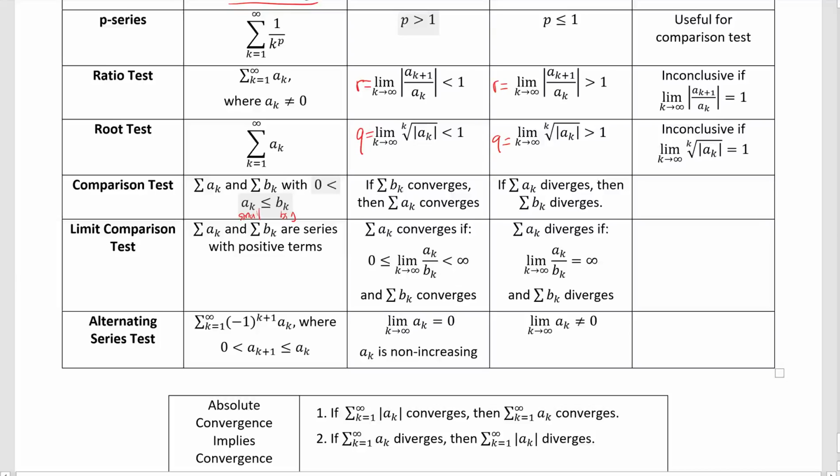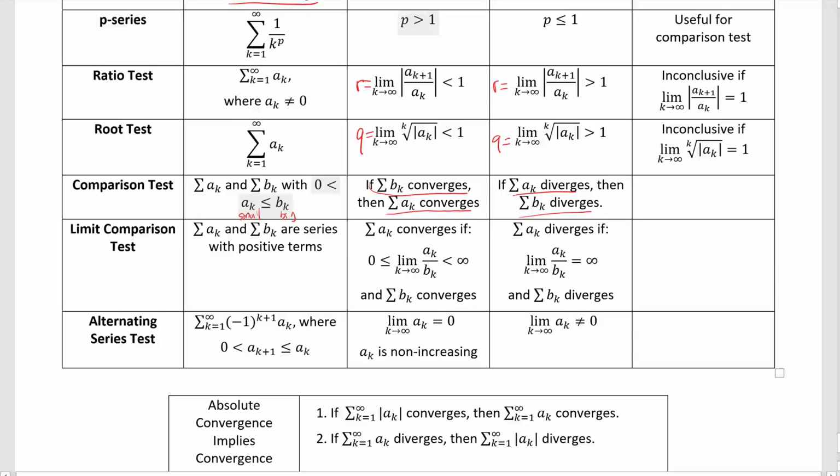the big guy converges, then the small guy also converges. If the small guy diverges, then the big guy diverges. Okay? And the limit comparison test, when our series behaves like a p-series eventually at the tail.